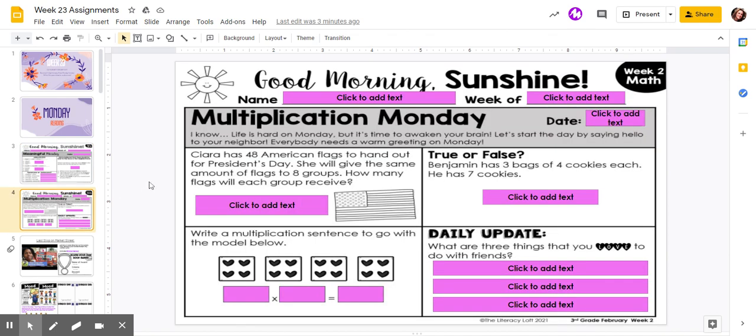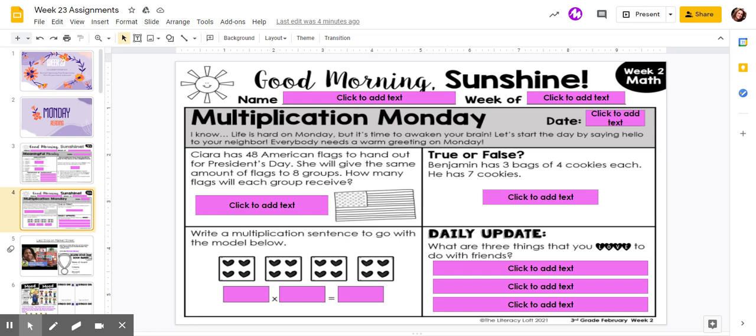For Multiplication Monday, you all are reading about Sierra, who has 48 American flags to hand out for President's Day. She will give the same amount of flags to 8 groups. How many flags will each group receive?